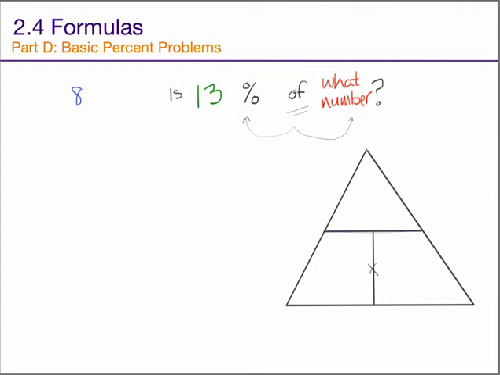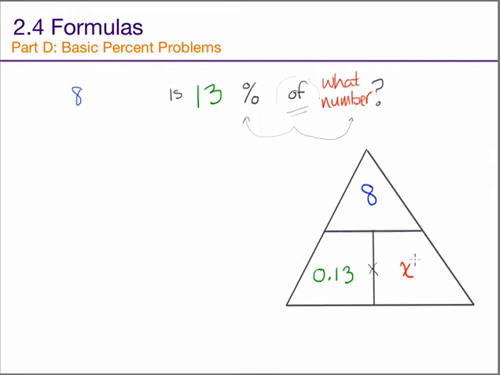As before, I'm going to put the two numbers that are on either side of the word of on either side of the vertical line here. I have to convert the 13% to a decimal, but then it goes here because it's on the left-hand side of the word of. The what number is clearly the unknown, so that's going to be my x this time. The only thing that's left is the 8, and it goes here.